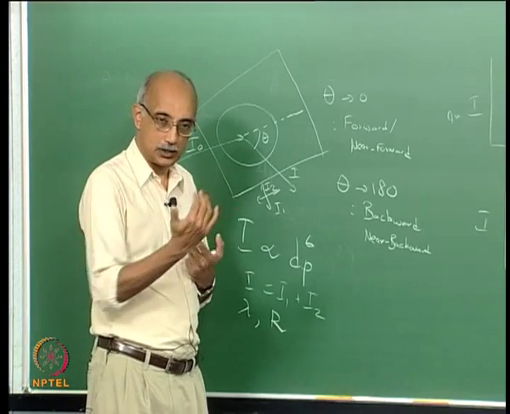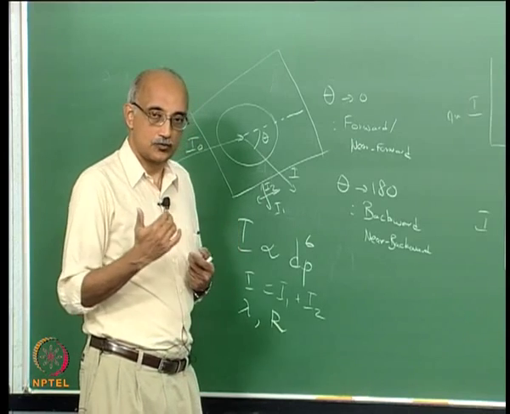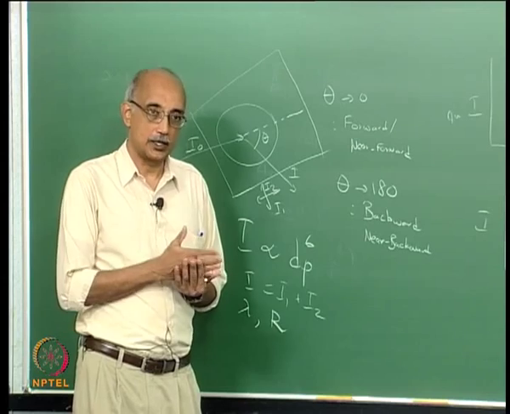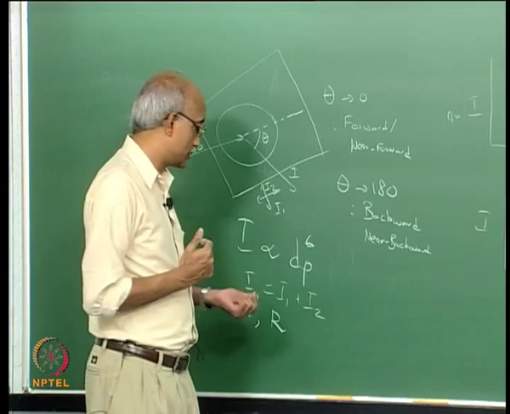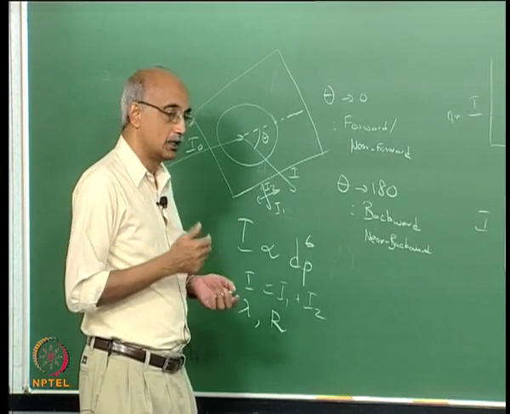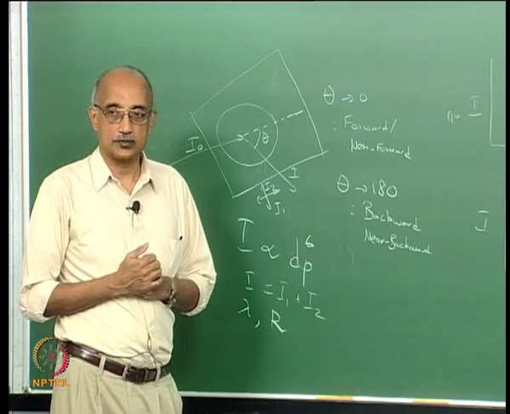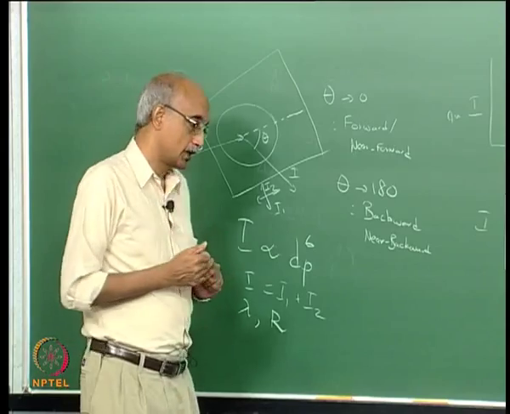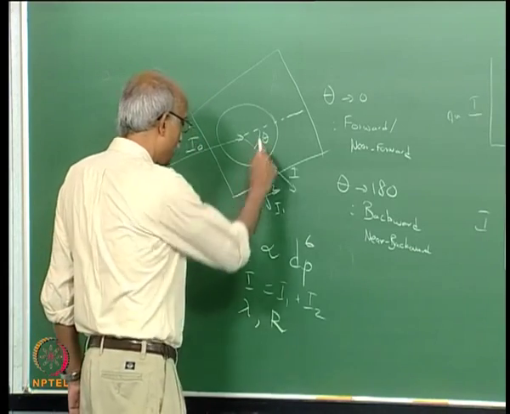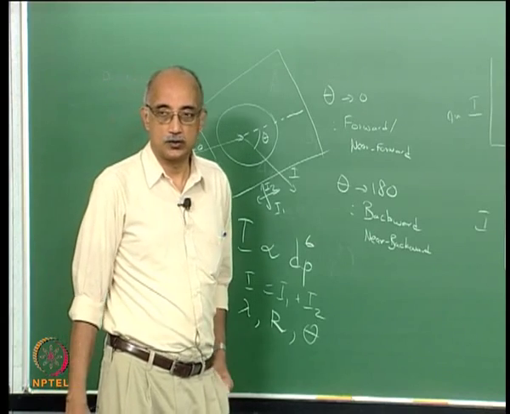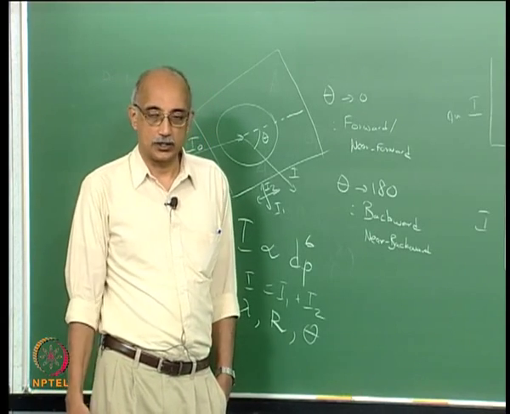So the farther the particle is from where the detection is, there is going to be an attenuation in the signal. So the distance between the detection point and the location where the particle is found is also an important parameter. And of course, as we mentioned earlier, this angle theta also has an influence on scattering intensity.